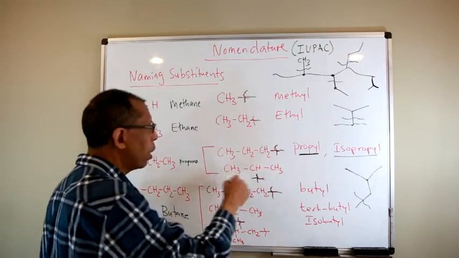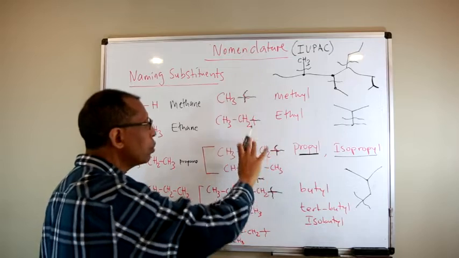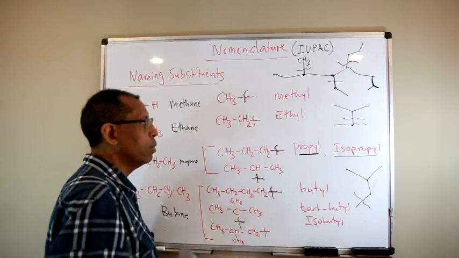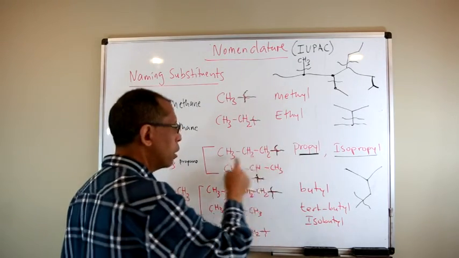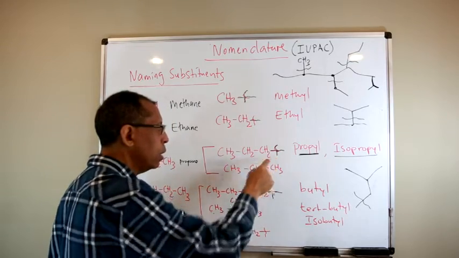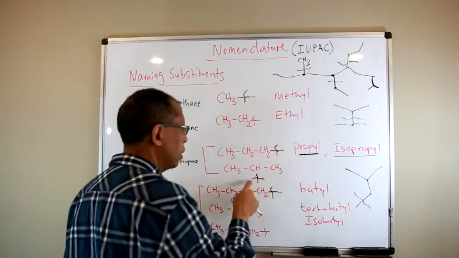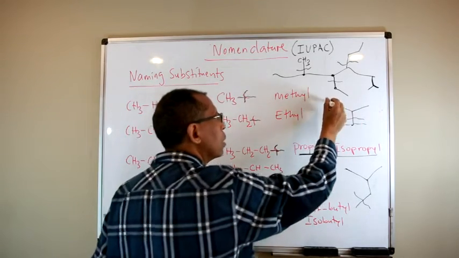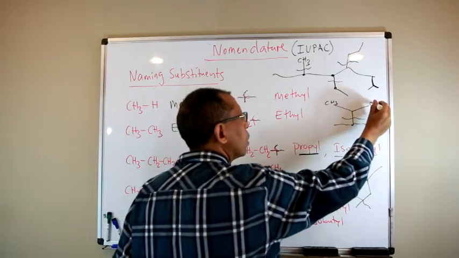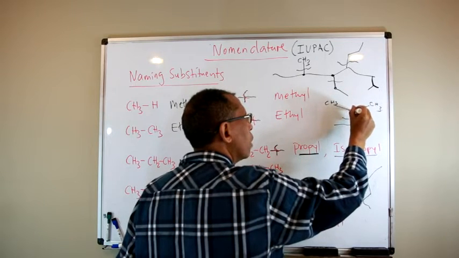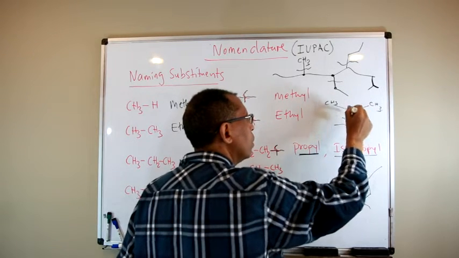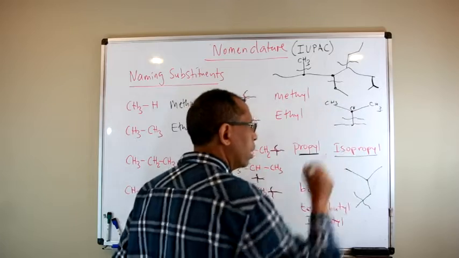And for propane type, you have 2 kinds of substituents. Propyl is directly a straight chain, while isopropyl is a branched one. This is CH3, this is CH3, don't forget this is CH, and you are attaching it through that carbon.